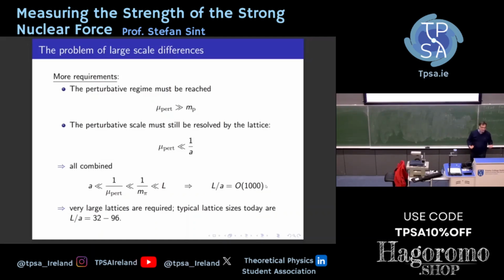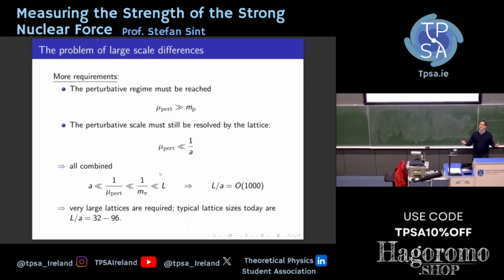And typical lattices today are, I mean, this could be updated maybe, people go to 100 points, but these are the largest, say maybe 128. But you need a range of lattice sizes, and you need a range of lattice spacings as well in order to take the limit where a goes to 0 in the end.